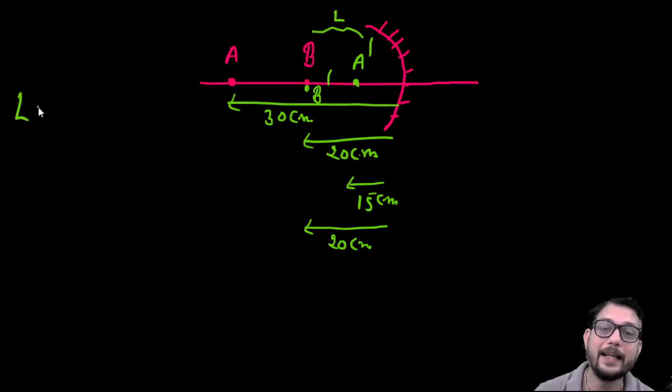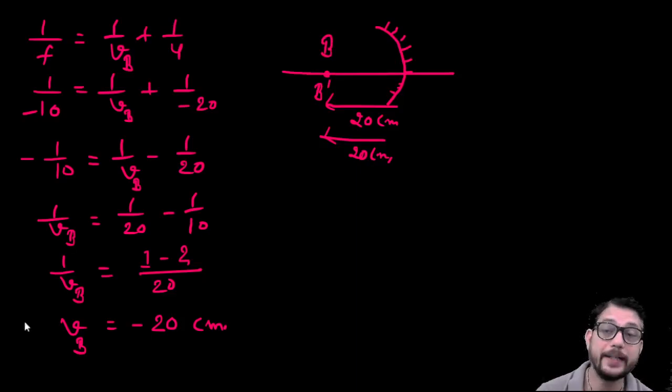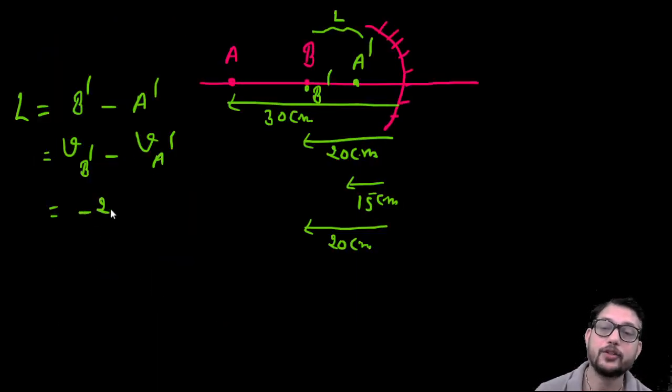So this is the length of your image. What is L? L is B dash minus A dash, or v of B dash minus v of A dash. vB dash is minus 20, minus vA dash, which is minus 15.